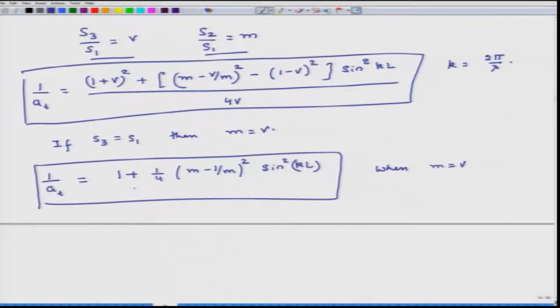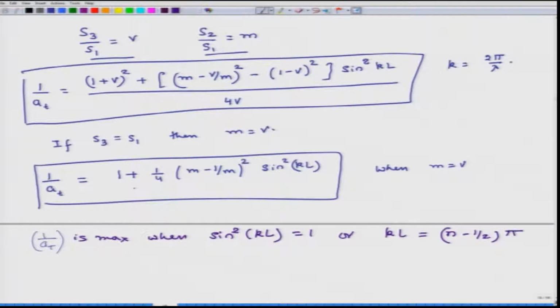So, we can state that 1 over AT is max when sine square of kL equals 1, or we can say that kL equals (n minus half) times pi, where n could be any integer, a positive or a negative integer.